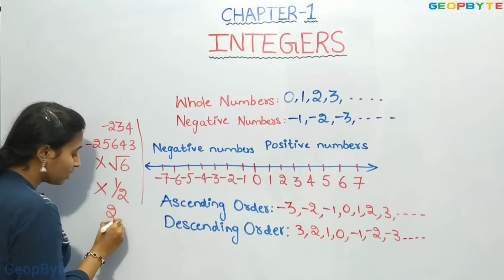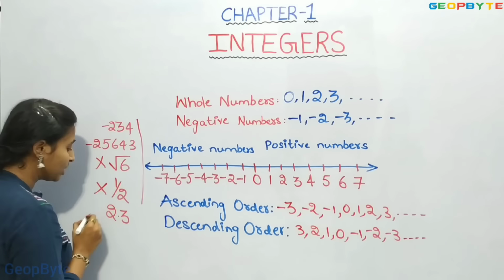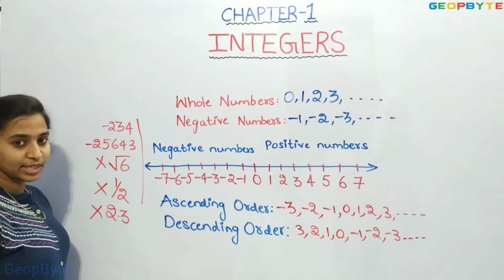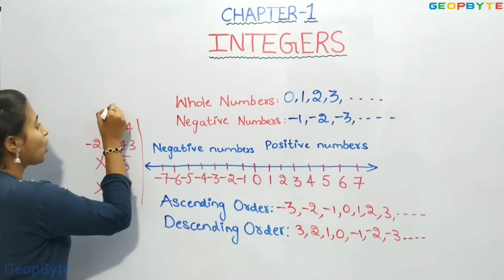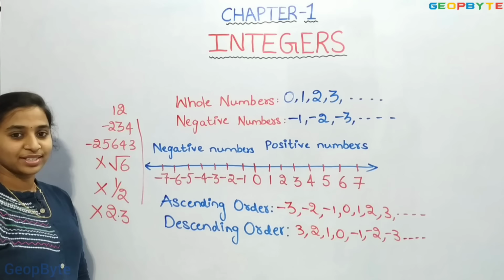And let us take 2.3. Decimals also will not become integers. As you know, positive numbers also are integers. Positive numbers, negative numbers and whole numbers only can become integers. Under roots, fractions, decimals cannot become integers.